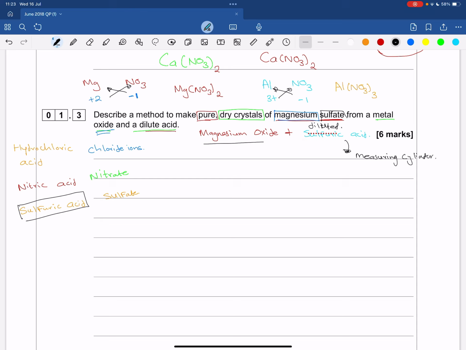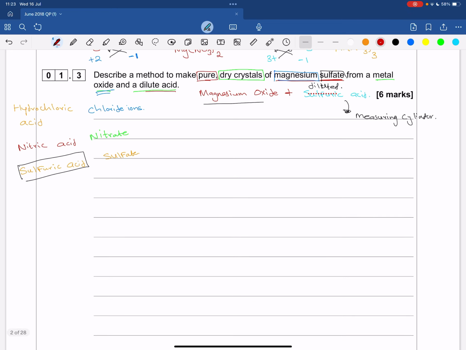So this is a really good experiment. The information flows very logically. These are the distinctive steps I want you to think about when it comes to making pure crystals. First, you need to think about the reaction: what acid you're going to use, and what base you're going to use. That is the reaction part.